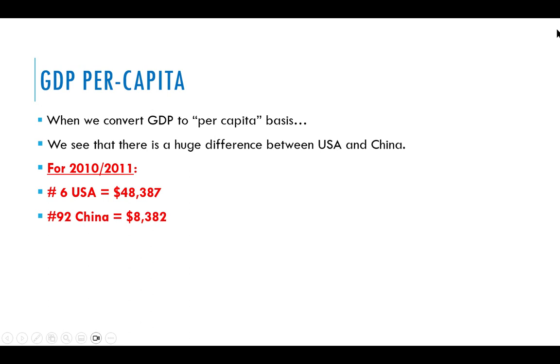But China, look at that, it's number 92 with an average of 8,382. So what's happened? Okay, they were similar sizes in the economy, but China was spreading it across a humongous population and the United States across a smaller population. And so that helps us understand that, look, while the size of the economies are the same, the standards of living are not very similar between the United States and China.